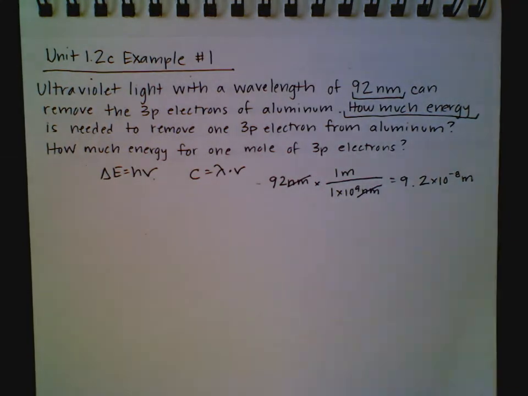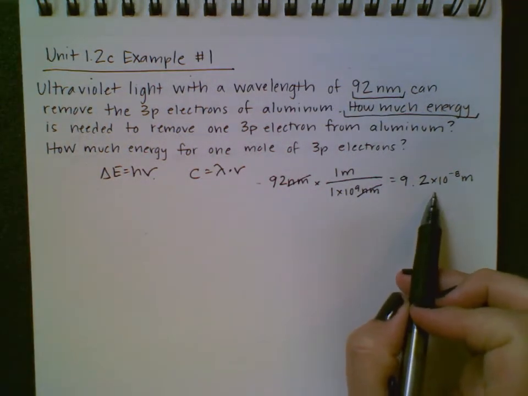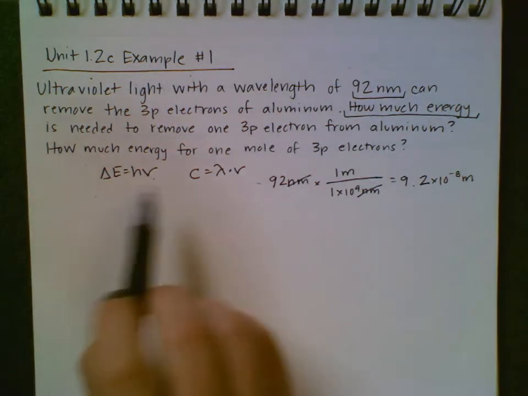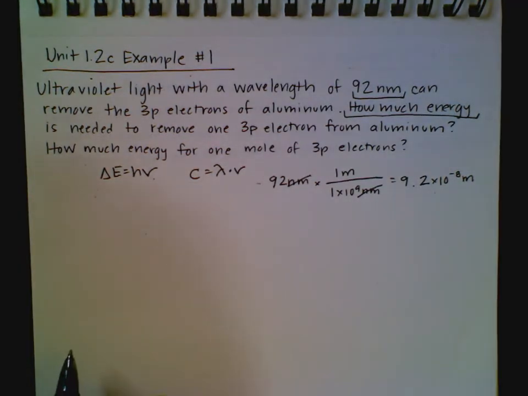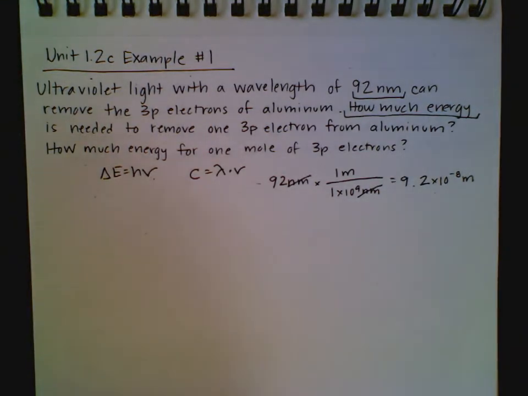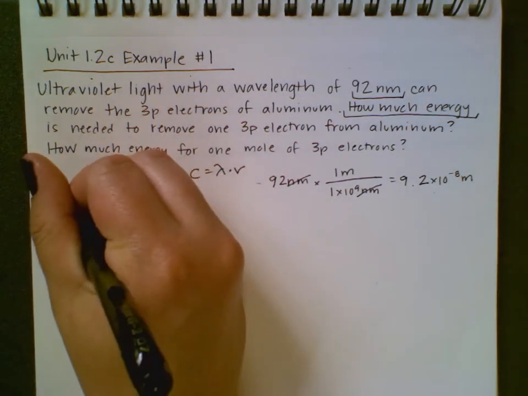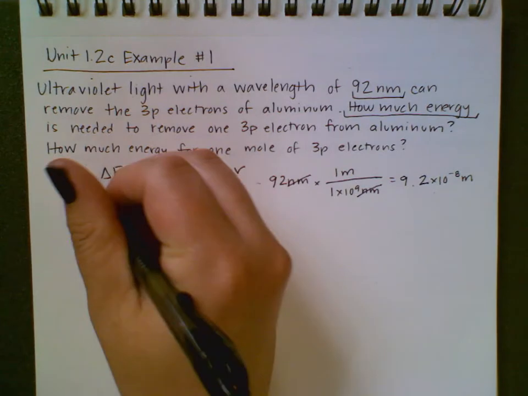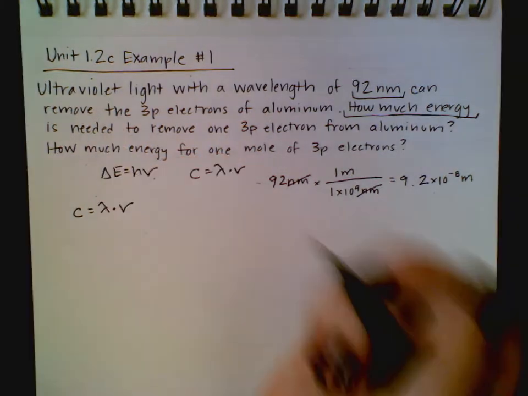So we've got a wavelength here now that's useful, and we've got these two equations. Well, the only equation that has wavelength in it is the one with the speed of light. So we need to figure that out. Again, this should feel very similar to the 1.2b example that we went through. So c equals wavelength times frequency.